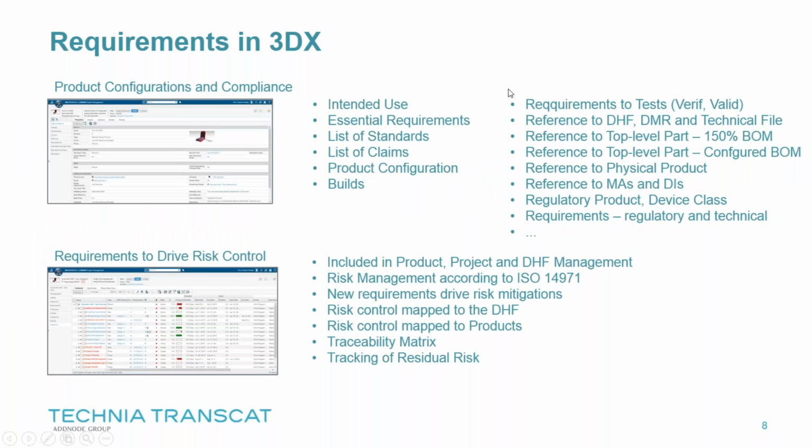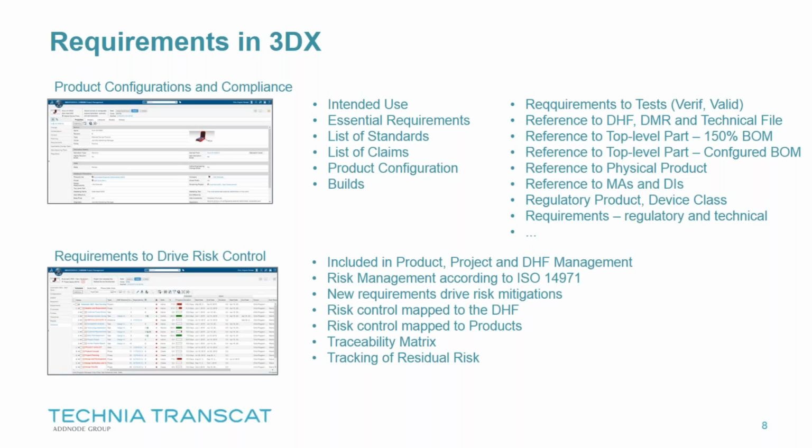So the way the requirements are used could be to break down the intended use and essential requirements. Of course, they can be used to describe the list of standards and the list of claims. Typically, the traditional domain for requirement management is to map them with features and subsystem definitions, logical and functional views, and the different prototypes, evolutions, and the builds.